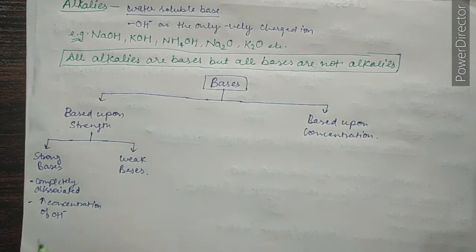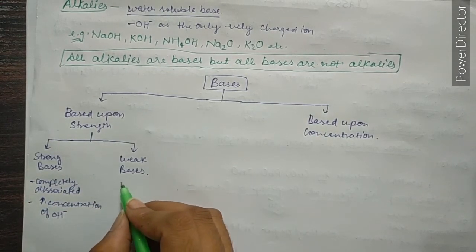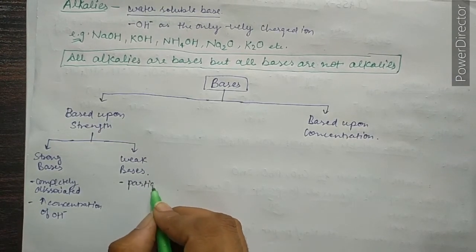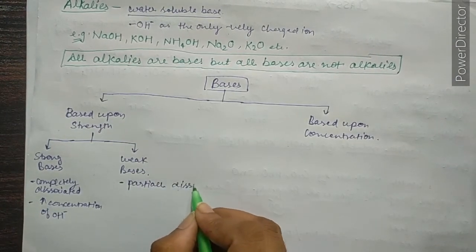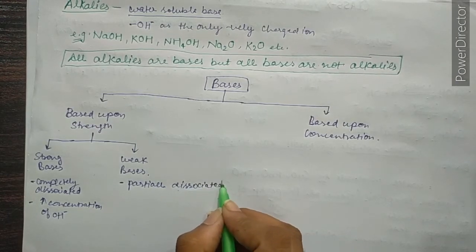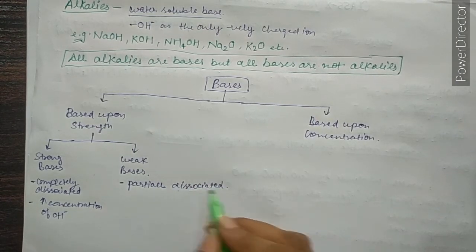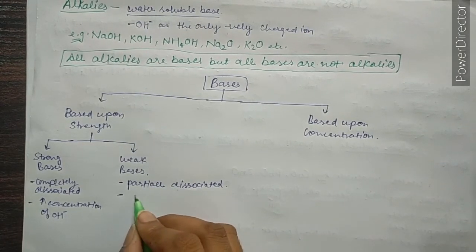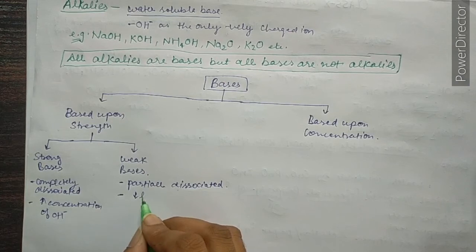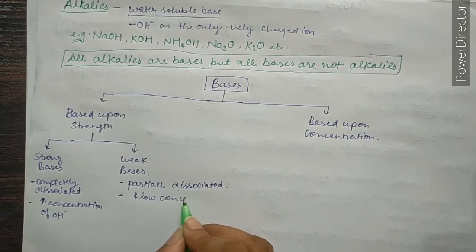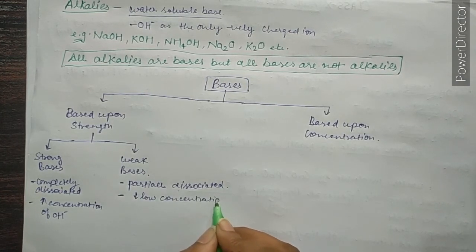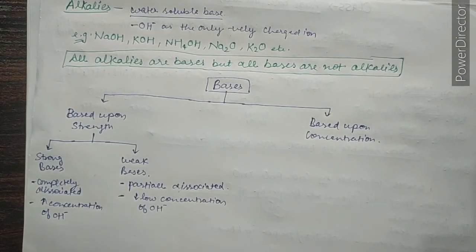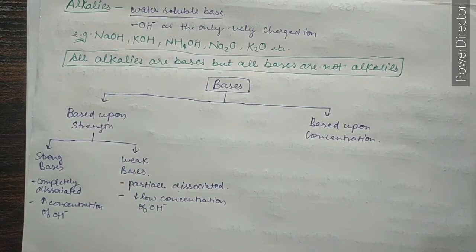Whereas weak bases are the bases which dissociate partially in a concentrated aqueous solution and produce a low concentration of OH negative hydroxide ion. So these are known as weak bases.